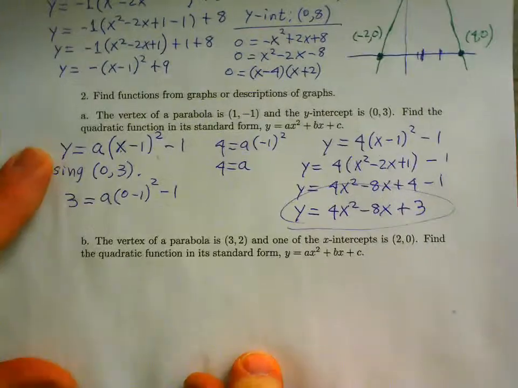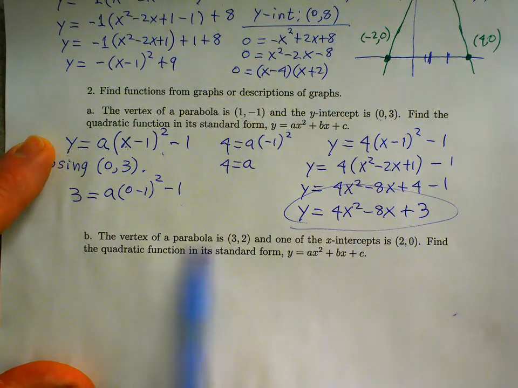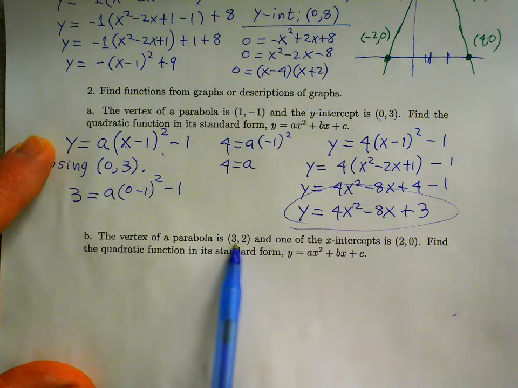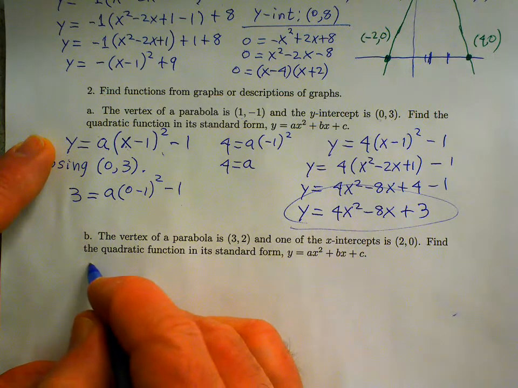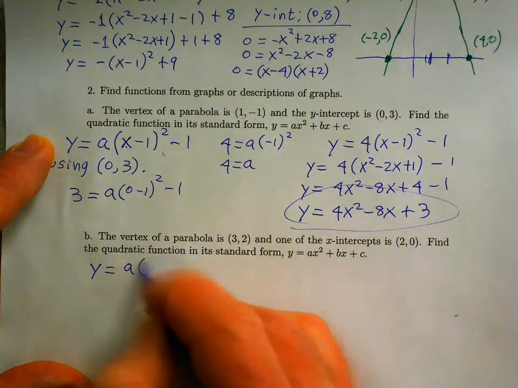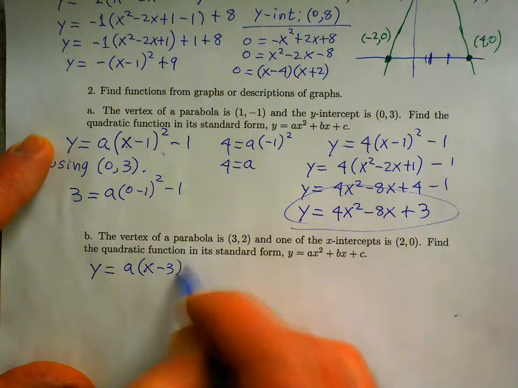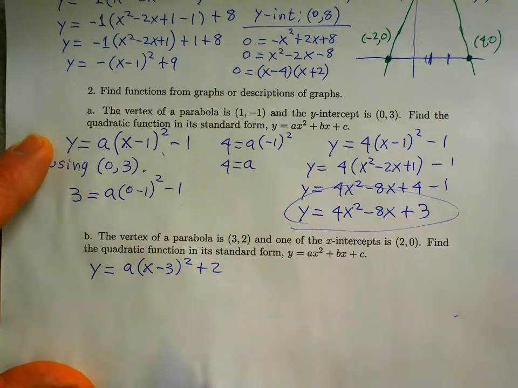So let's go ahead and start this. The vertex is the ordered pair 3, 2. So if we begin with the vertex form, y equals a times x minus 3 squared plus 2, the vertex of this is 3, 2.